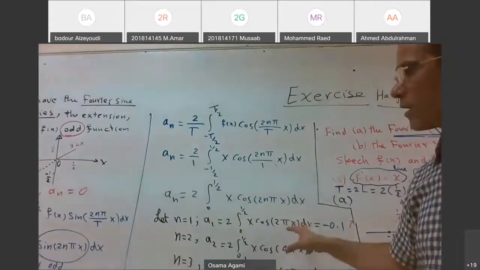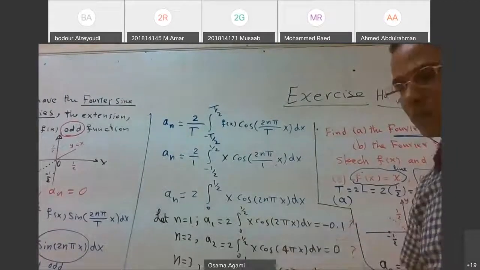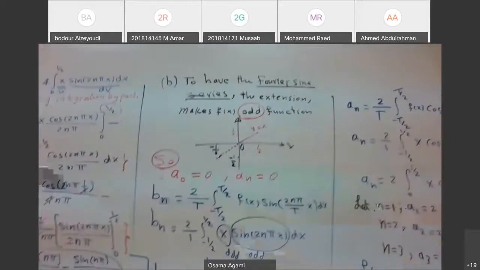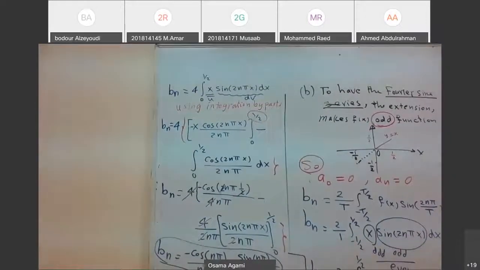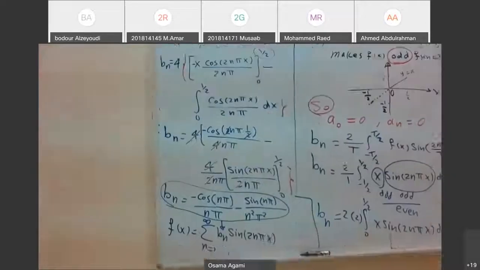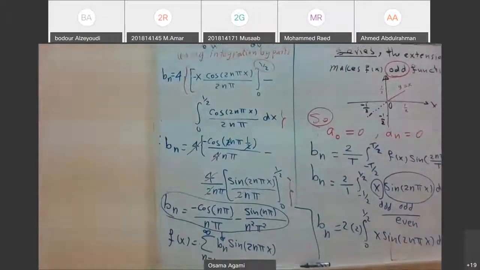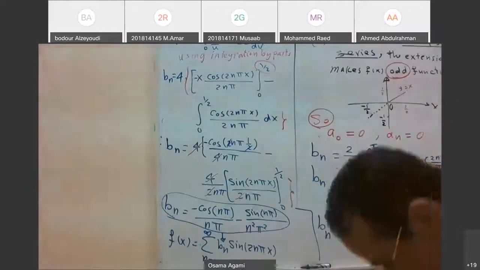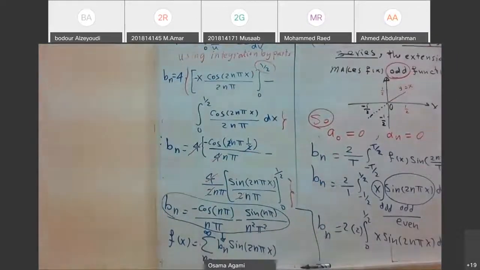So I make a mix between one by one in A n, and I do it in one go for B n, right? So in B n, I did the integration by parts. It will not be so difficult integration anyway.